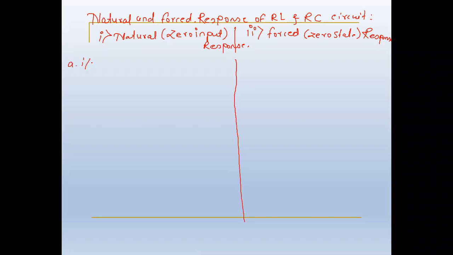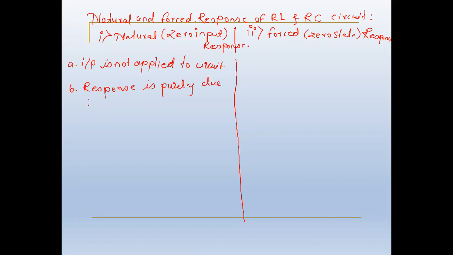The response, or the output of the circuit, is purely due to initial conditions.